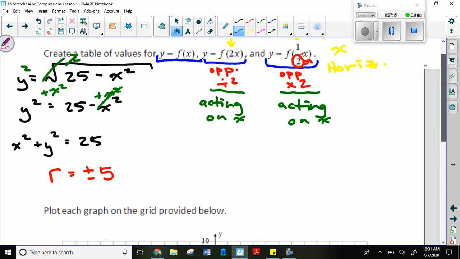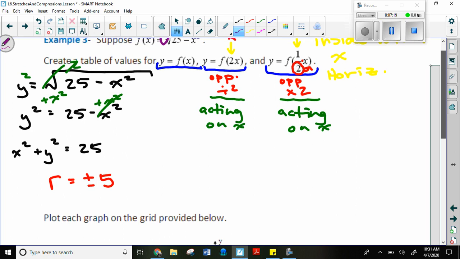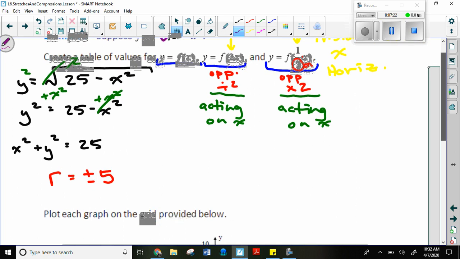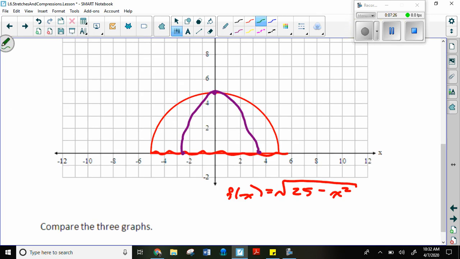Okay? Then we're going to do y equals half of x. So we're actually going to multiply all the x values by 2. We're going to make this one green. So instead of being negative 5, it's going to be negative 10 for our first point. 0 is still going to be 0 because when we multiply 0 by anything, it'll stay where it is.